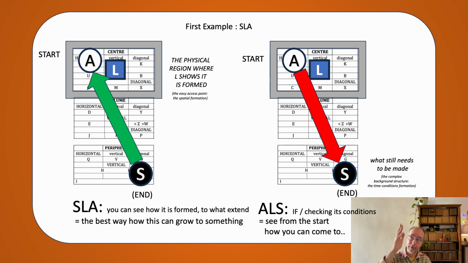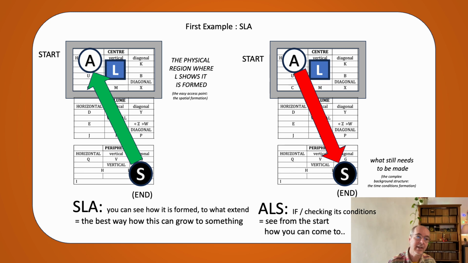It's a center point, a volume point, the edge point. In the combination of how you organize this, the L is the region of orientation where things are formed. It's the volume. You don't have the center, but you have the volume, with the emphasis on that region. So the L is forming itself.